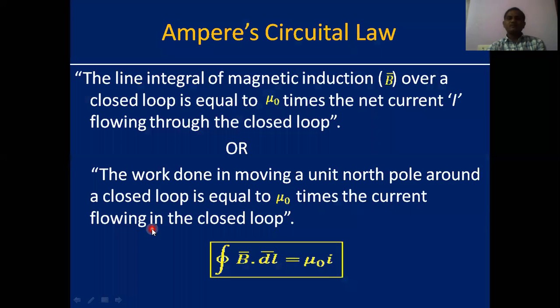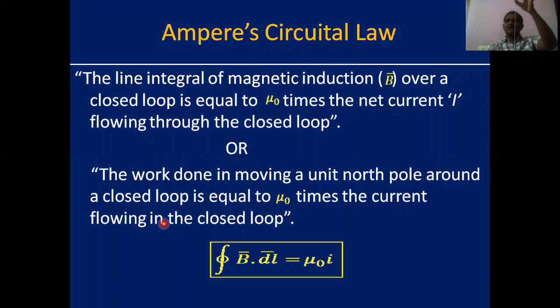Okay. Now coming to the second one, Ampere circuital law. So the statement is: the line integral of magnetic induction over a closed loop is equal to mu naught times the net current flowing through that closed loop, right? For example, you consider this is the current carrying conductor in which the current I is passing.